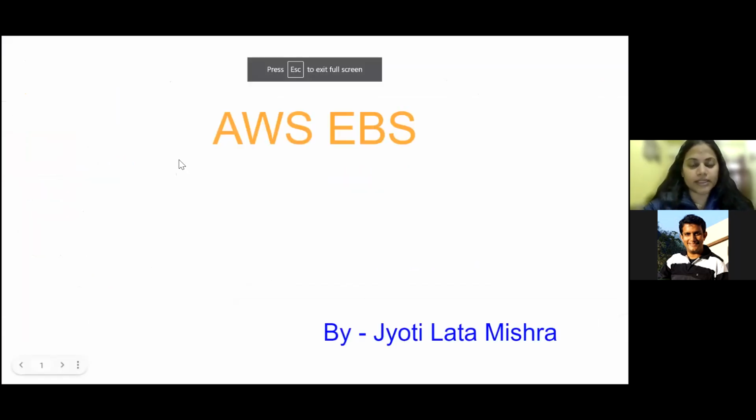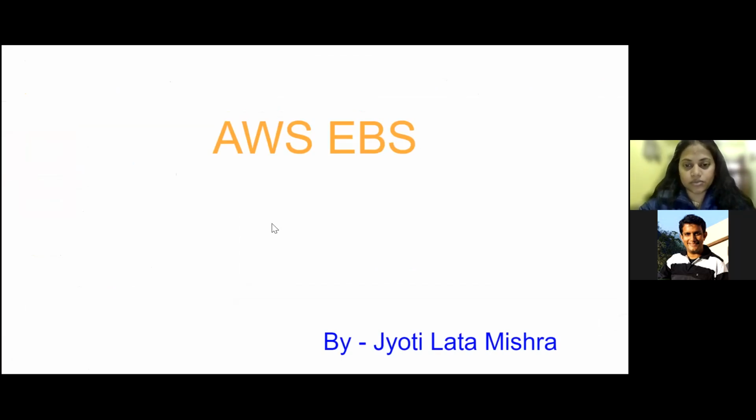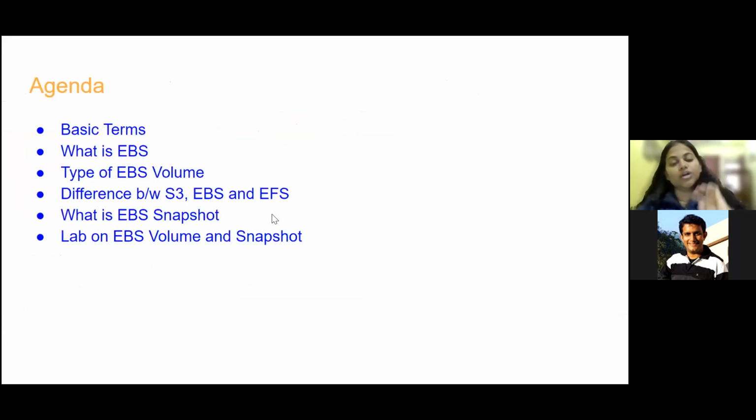Yeah, guys. So let's get started. So this is our agenda. Before I actually start with the theory of EBS, some key terms I'll let you know, because I'll be using those terms throughout this session.